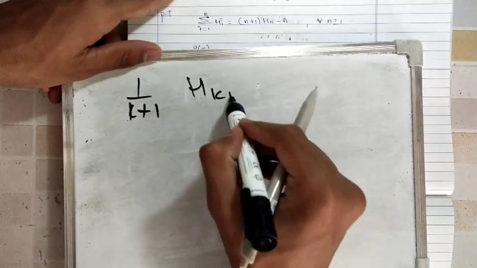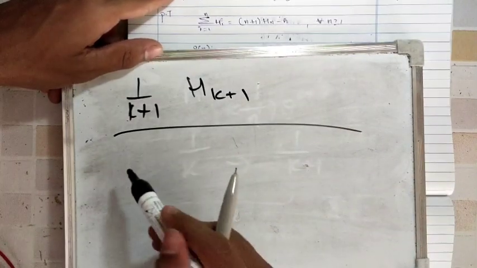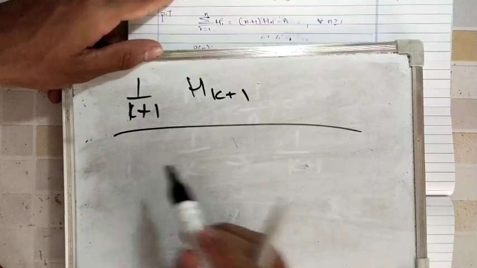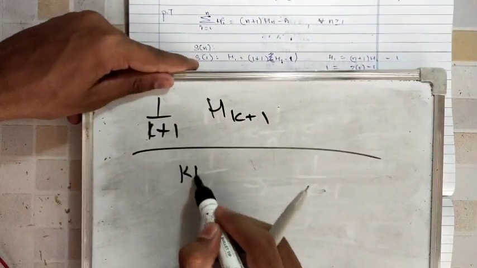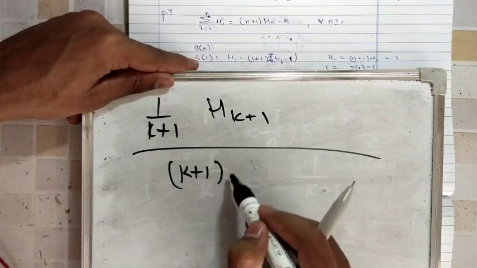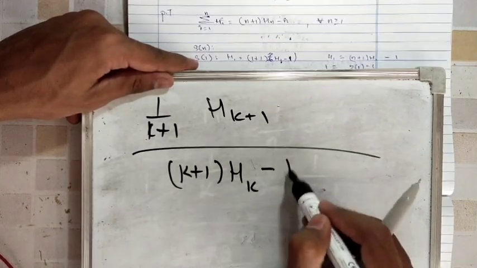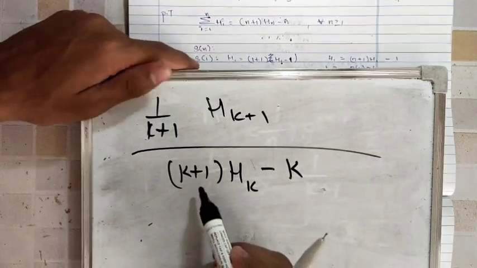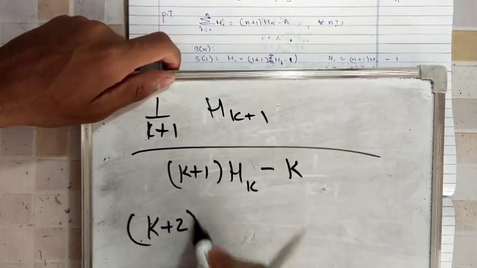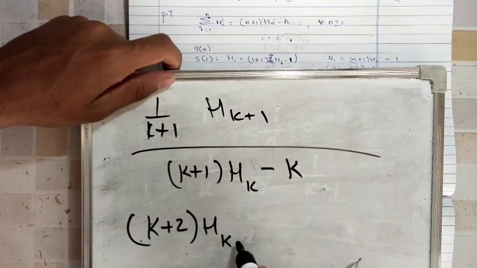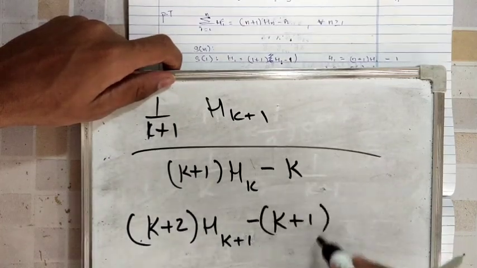h of k plus 1, right? Simple. Now we have it equal to what they gave in the question: k plus 1 into h of k minus k. I have to write it in the form of the k plus 1 term, so it will be k plus 2 into h of k plus 1 minus k plus 1.